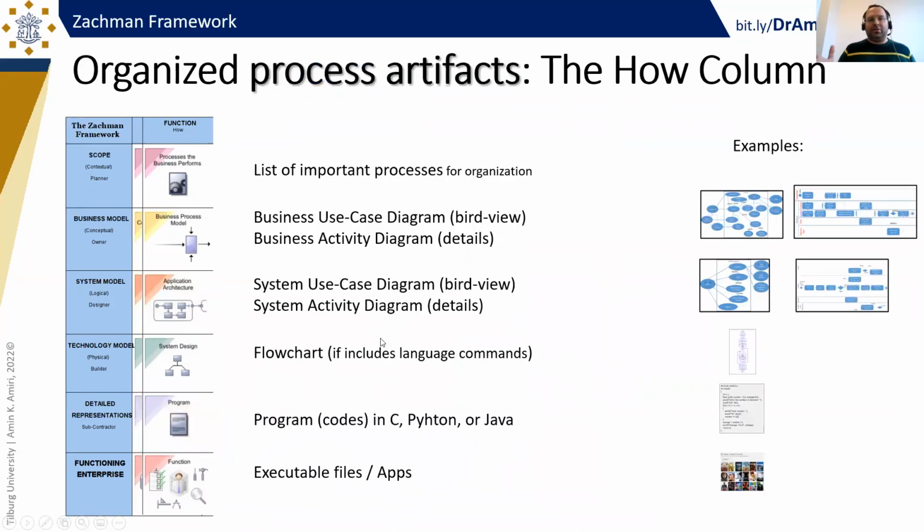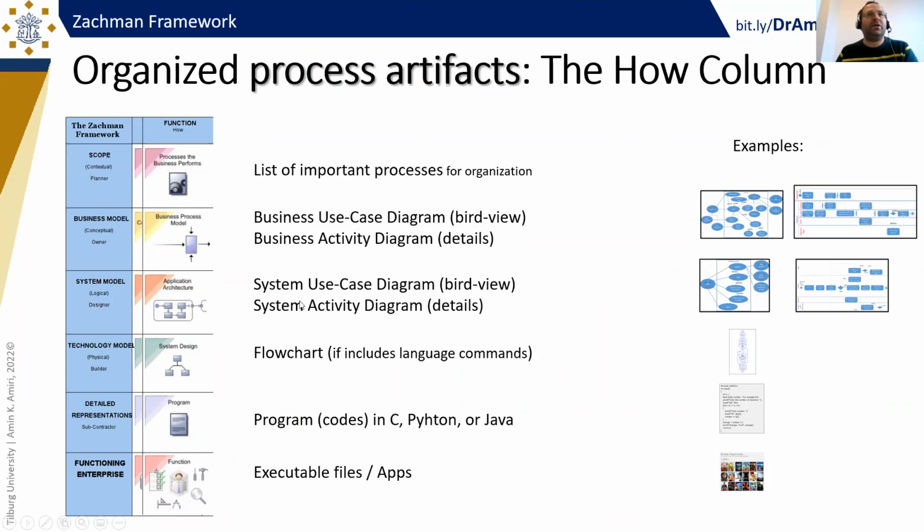So in general, what we learned in this how column is that the planner cares about the important processes in an organization, important functions in that organization. Then we have the business use case diagram that provides a bird's-eye view, and an activity diagram which provides details about each item.